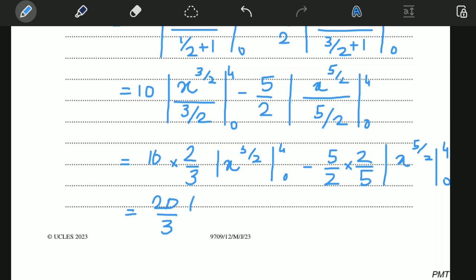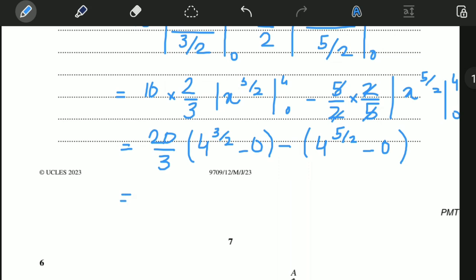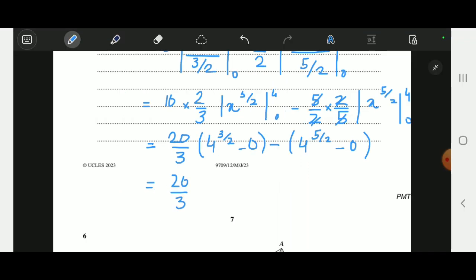Now I am applying the limits. 4 to the power of 3 by 2 minus 0, minus this all will cancel out. So 4 to the power of 5 by 2 minus 0. So this will give you 20 by 3 times 4 to the power of 3 by 2 minus 4 to the power of 5 by 2.